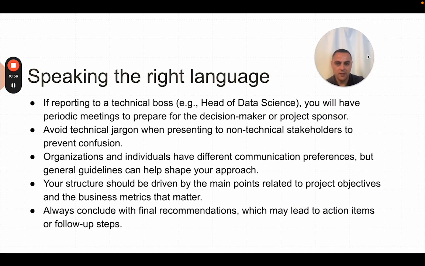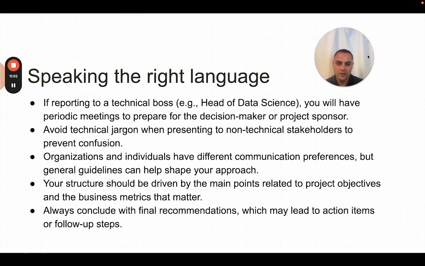Finally, as I mentioned, make sure you're speaking the right language. So if you're reporting to a technical boss, right, you'll actually have more technical discussions throughout the project. But when you're providing information to non-technical stakeholders, make sure you're trying to tailor to their knowledge or skill set, right?